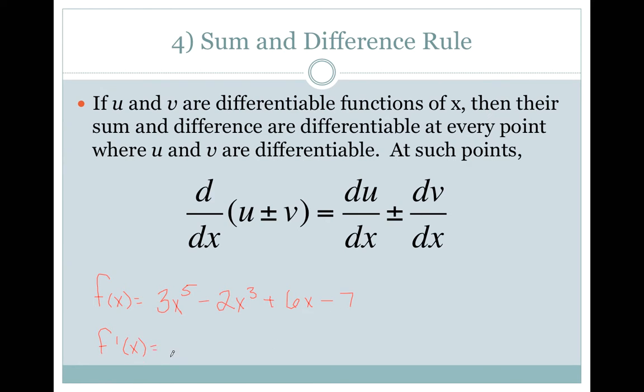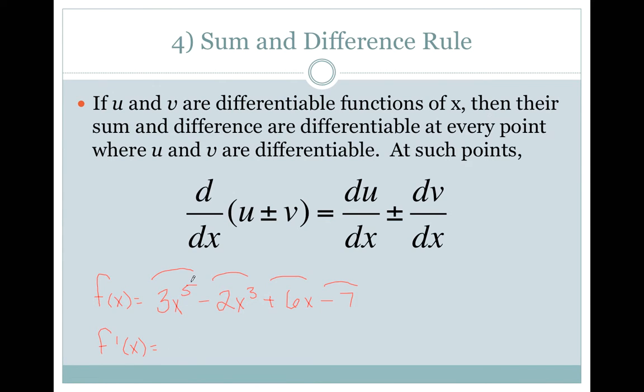Because x to the 5th, x to the third, and x and the constant are all differentiable functions by themselves, I can take the derivative of each of these pieces separately, which is what this is saying here on the right, and we just learned that we can have the constant multiple of a function and take the derivative.